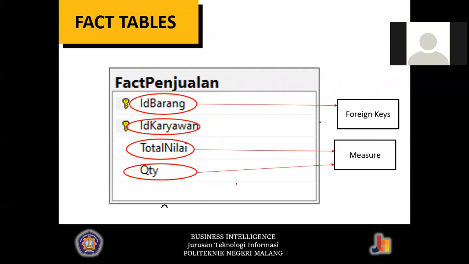So for the fact table, let's say we have a product ID and then the employee ID. As already mentioned, it is a collection of foreign keys, so the fact table will consist of foreign keys from a dimension table.